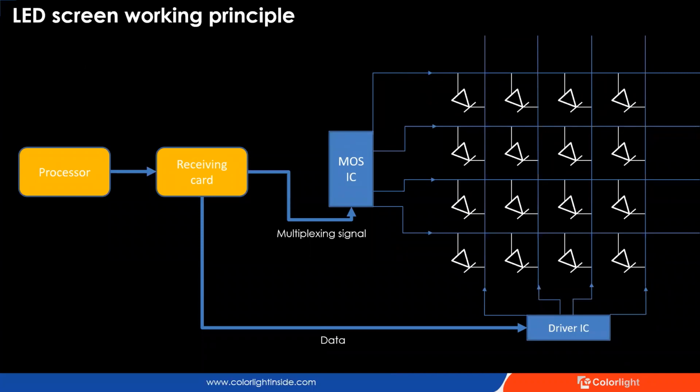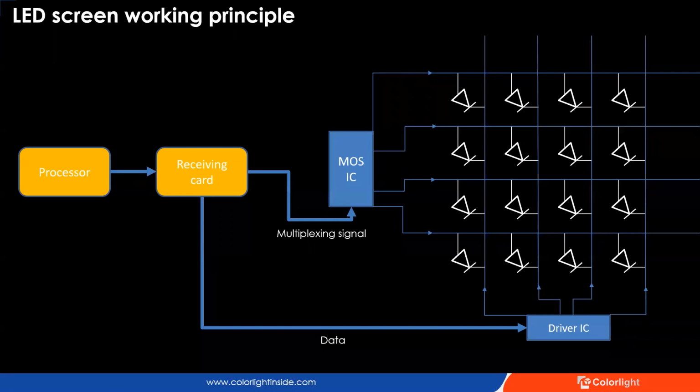By arranging the anodes, which are the positive side, and the cathodes, the negative side, in a particular way, we can achieve a matrix and call upon each LED individually by sending high and low signals from the receiving card.